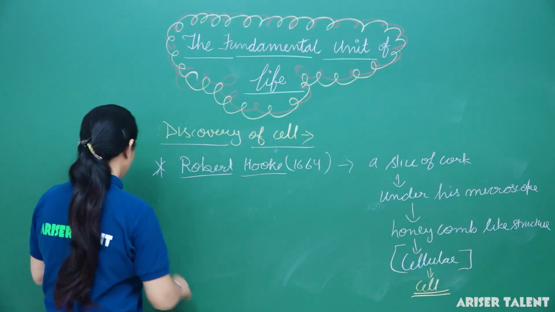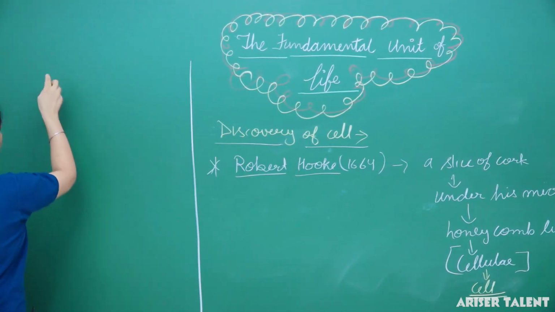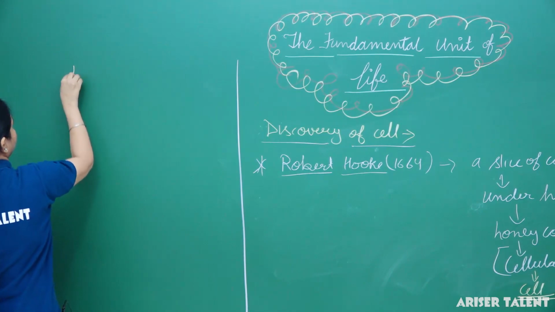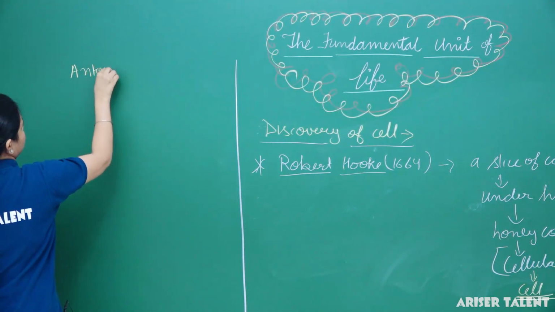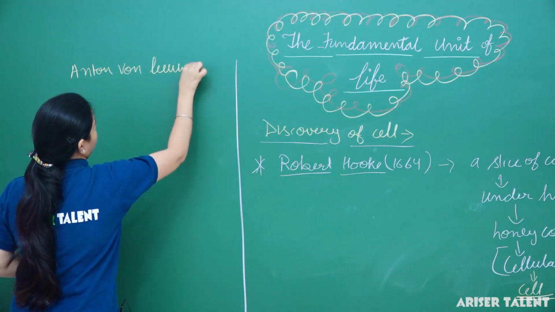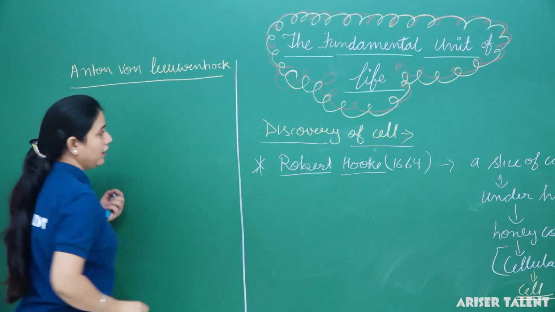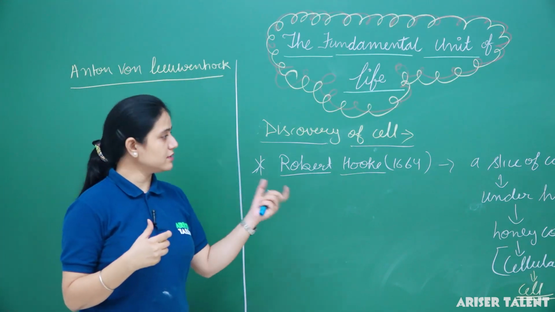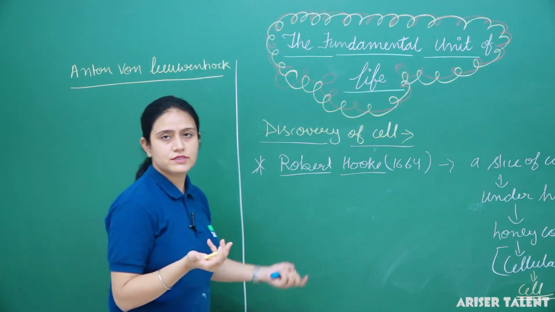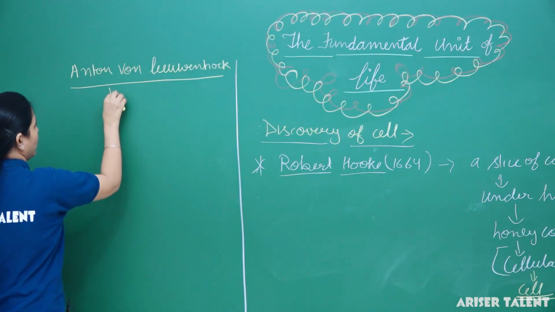After Robert Hooke, Anton von Leeuwenhoek, what did he do? He examined the same cork and he found a living form of cells in the form of bacteria, red blood cells. What did he discover?